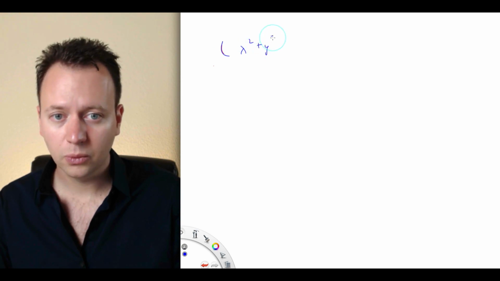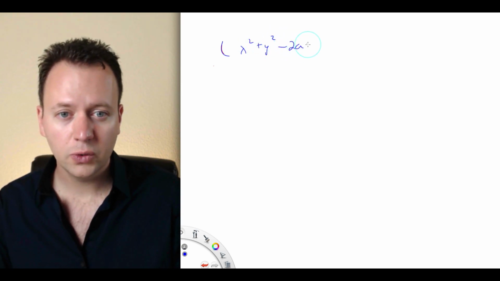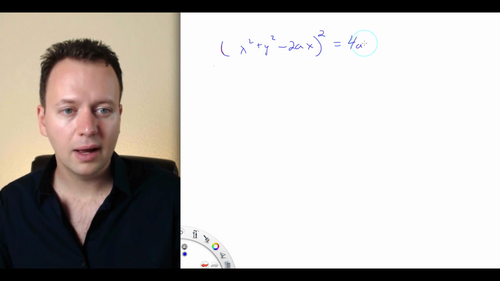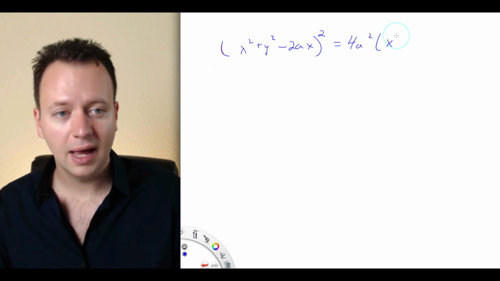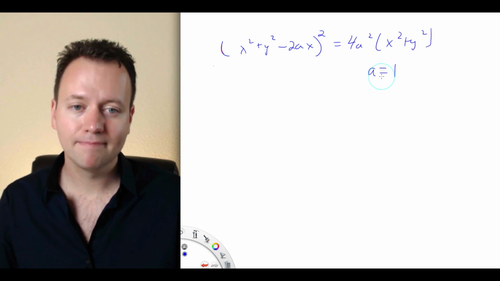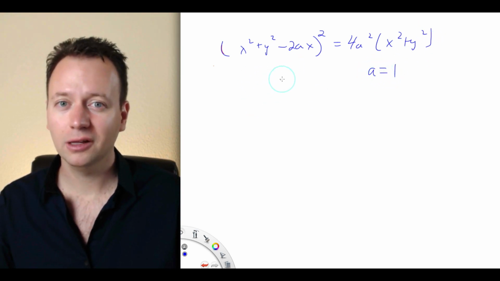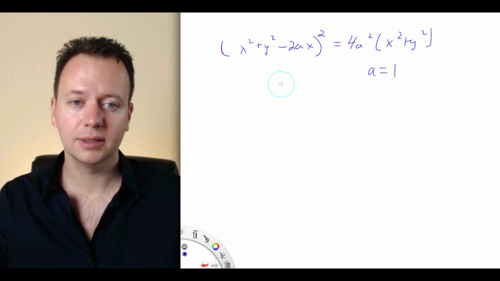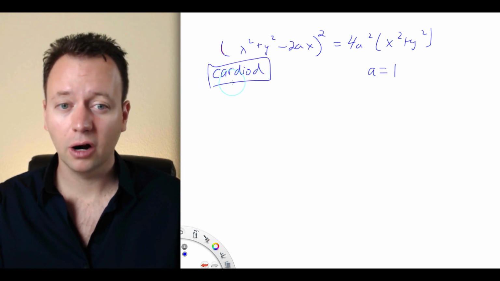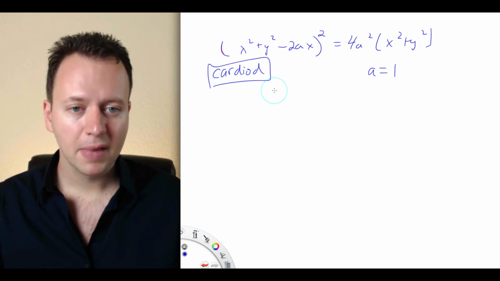So we have x squared plus y squared minus 2ax, quantity squared, is equal to 4a squared times x squared plus y squared. So we're going to set a is equal to 1, and we're going to get a particular instance of this family of functions. So this is in general called a cardioid. And we'll see why it's called a cardioid momentarily.